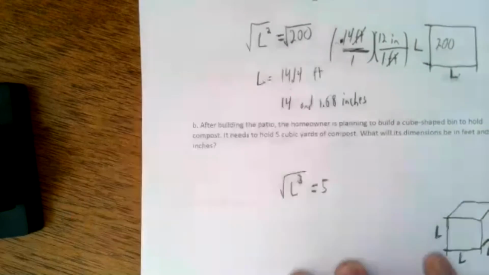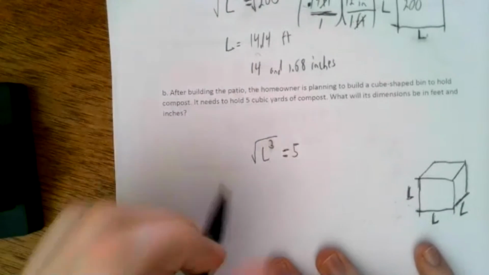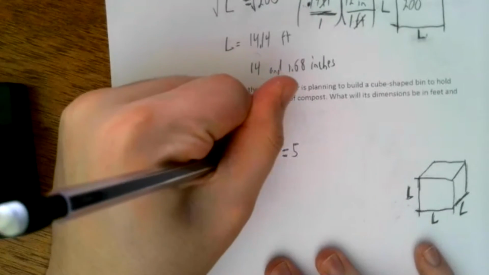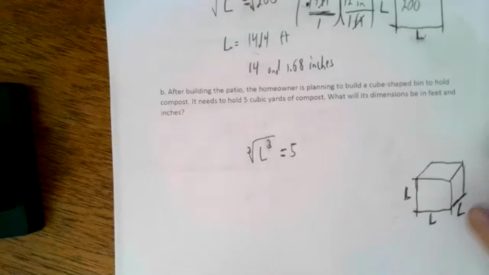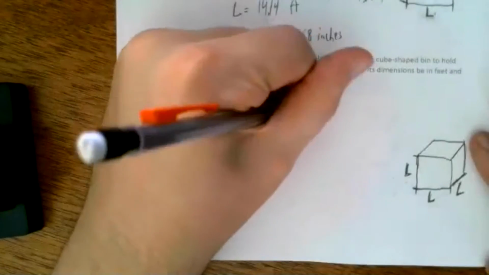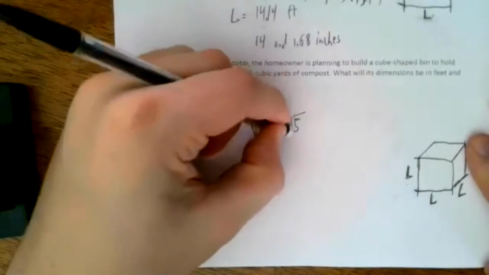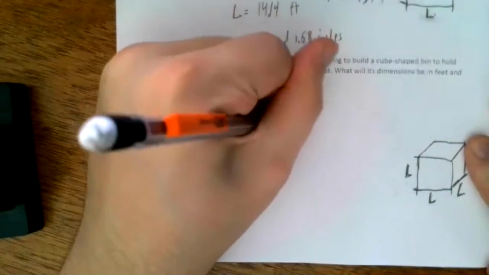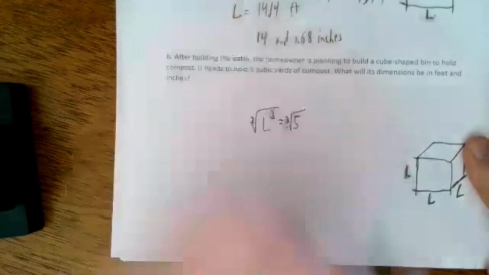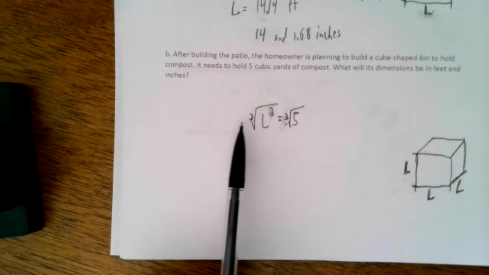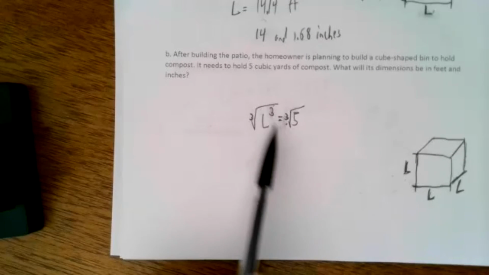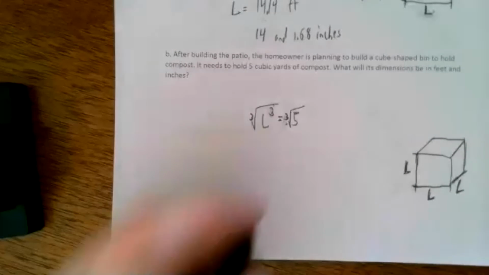I'm going to put the square root symbol again, but put a little 3 where the check mark part is. That just means you're taking the third root of it. I can do the same thing on the other side, and put a little 3 there, meaning I'm taking the cube root of 5. These are inverses of each other on the left side, so I'll end up with L.